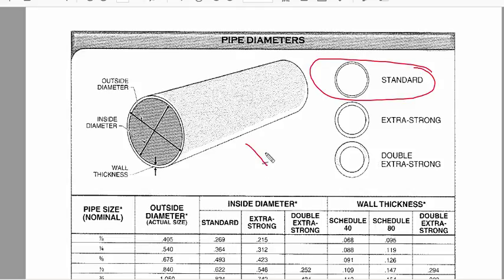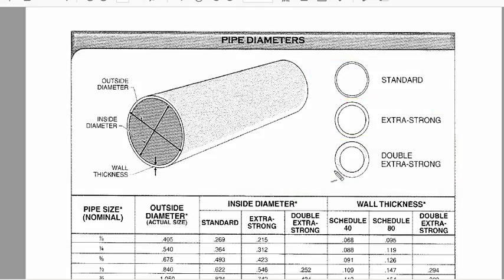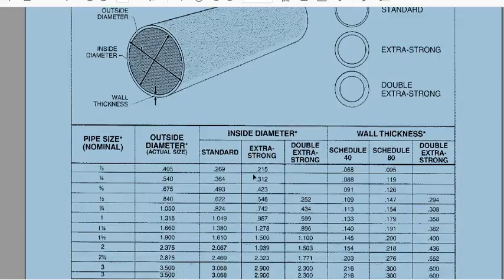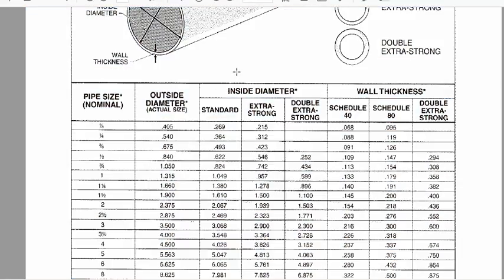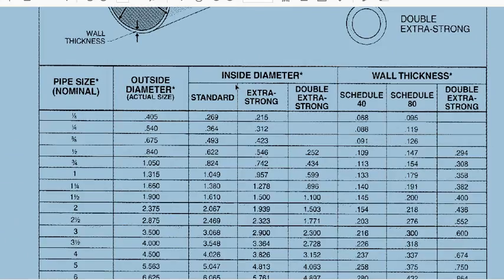Then you can get what we refer to as extra strong, or XS, and then you can get double XS, which is double extra strong, which basically means the wall thickness is changing. So let's take a look down below.